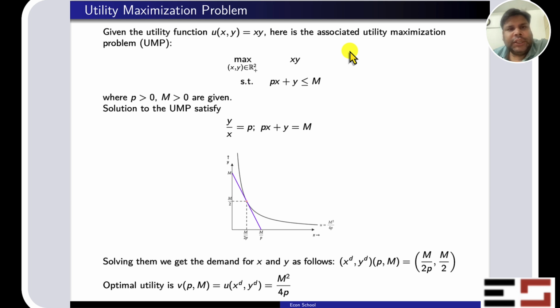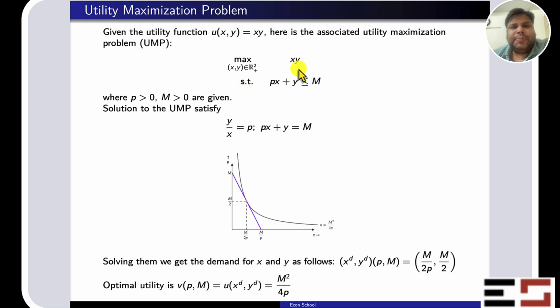This is the utility maximization problem: you maximize the utility subject to the budget constraint p times x plus y less than or equal to m. Here p denotes the price of x, the price of y is normalized to 1, and m denotes the income.